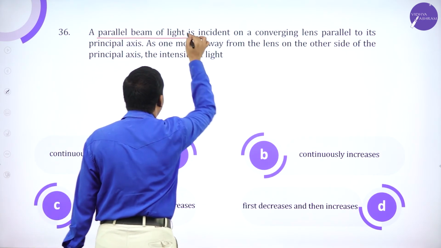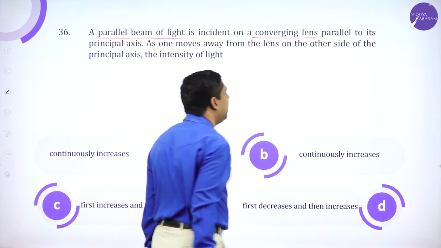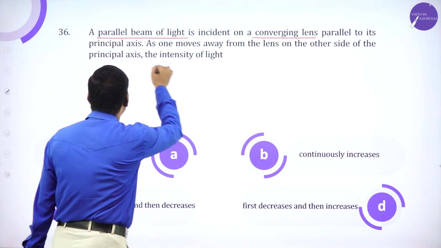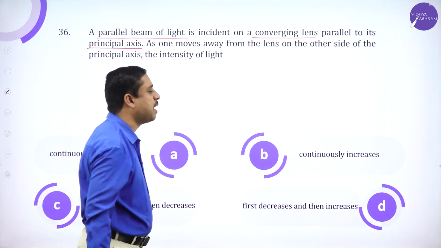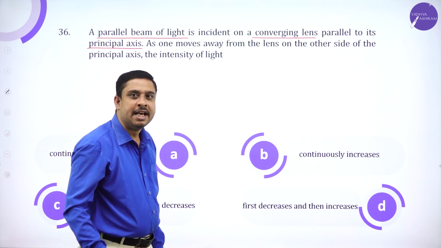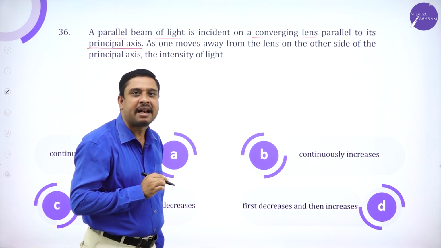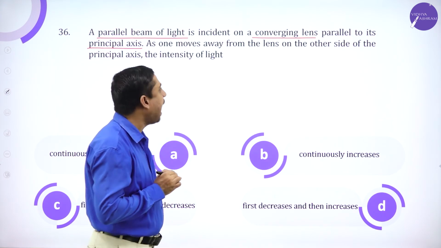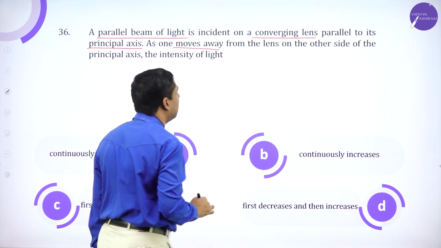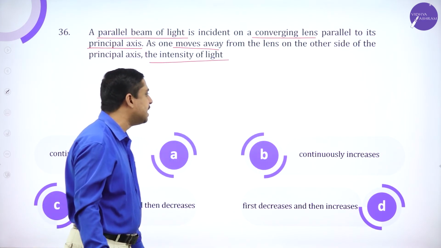A parallel beam of light is incident on the converging lens parallel to the principal axis. As we go away from the lens, on the other side, what should happen to the intensity of light?